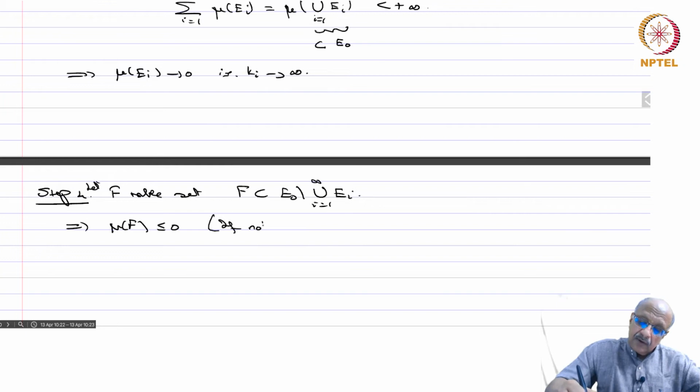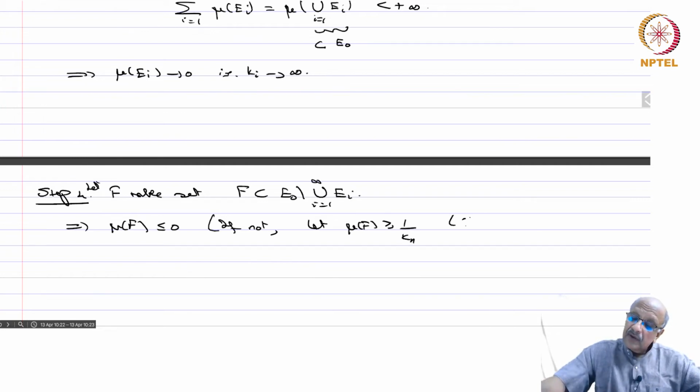If not, let mu of F be greater or equal to 1 by Kn, since Ki tends to infinity. However small this is, you can always find a Kn like this, since 1 by Kn goes to 0.